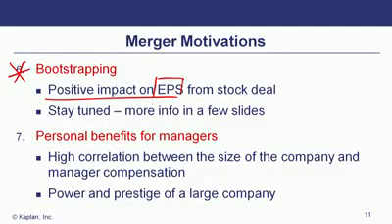So EPS is going to go up, it's accretive, and they like it when their EPS goes up. Now, do they create any value in doing that? That's a whole other story, and we're going to get to that in a little more detail in just a few minutes. So anyway, we'll come back around to bootstrapping of the merger motivations.